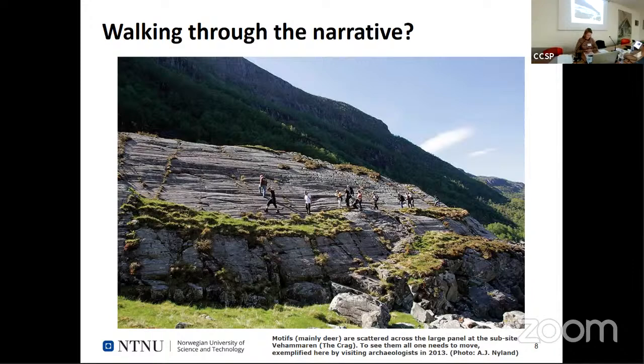Or what happens if you add a new image to the panel? Most of the rock art panels in Norway show a variation of style and type. And this could imply that the panel was made through a longer period by different people. So it's very hard to believe that the panel represents only one story, one general story or overall context.